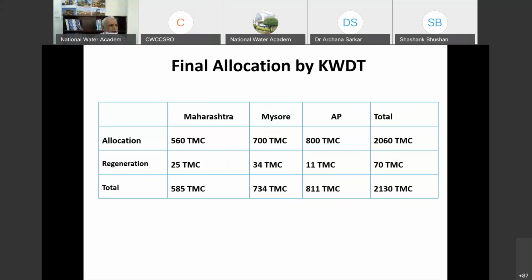So the actual use considered is only 20% and 2.5%. With the 25 TMC to Maharashtra, 34 TMC to Mysore, and 11 TMC to Andhra Pradesh, making total TMC, and final allocations were 585 TMC by Maharashtra, 734 TMC by Mysore, and 811 TMC.